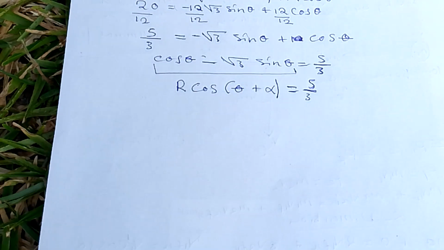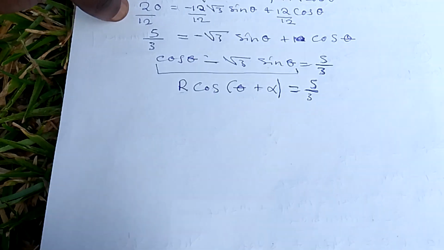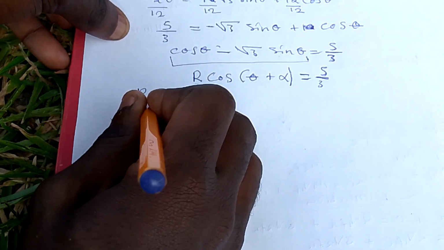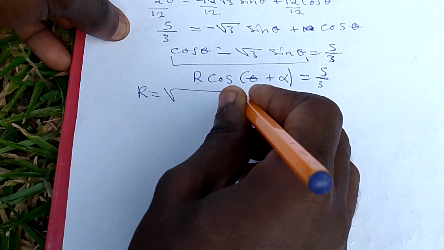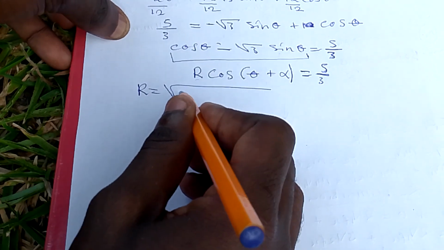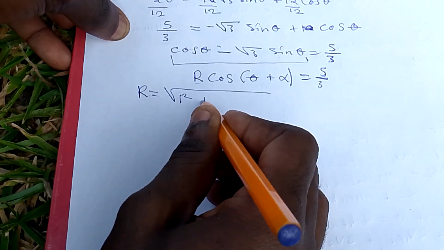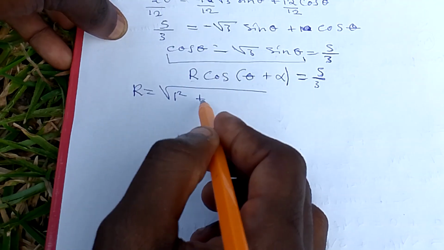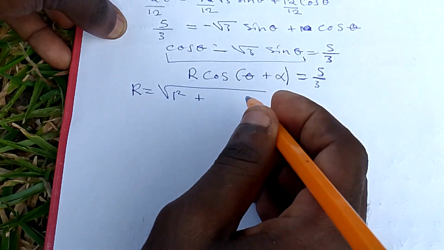So now here, what are we going to do? We need to find R. Now remember, R is found by the square root of the number that is here. What number is here? It is 1, you square it, plus the coefficient of cos square plus the coefficient of sine square.